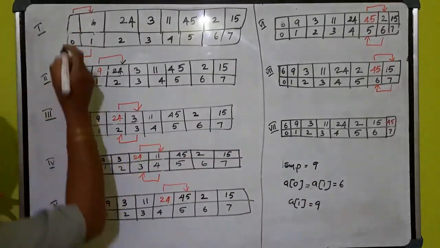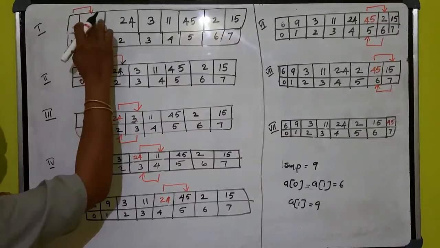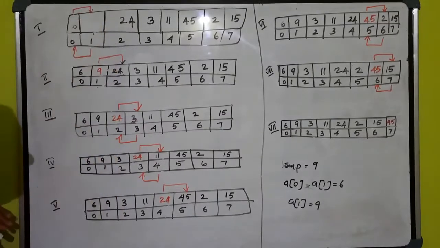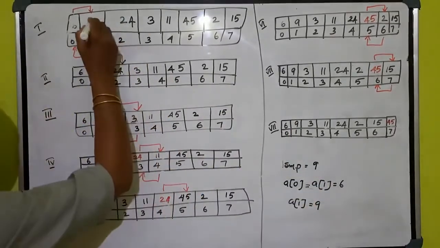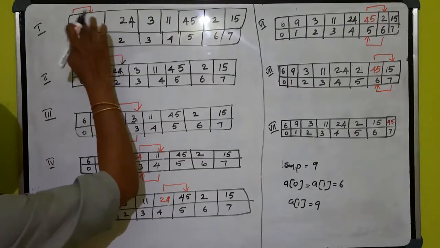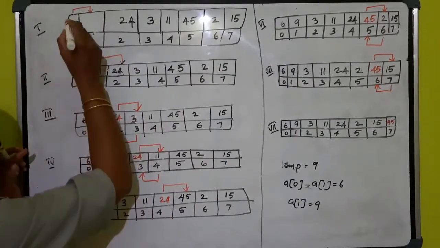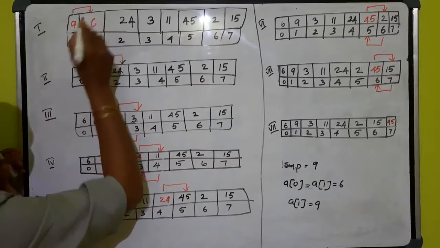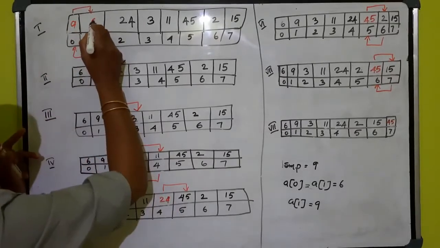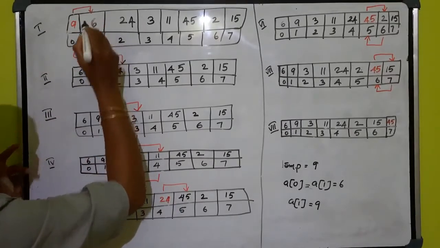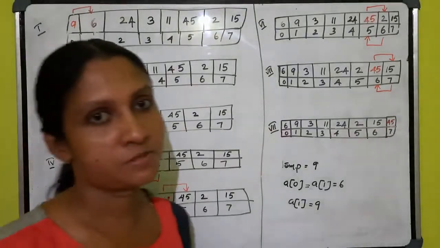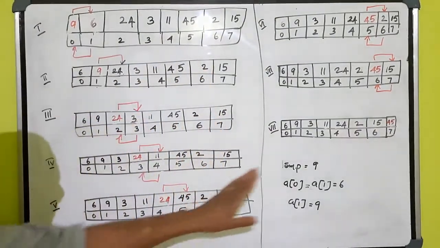Then you can write this 6 here. Then you will get a blank space here, and then you can place this 9 here. This way we will interchange the values using a temporary storage area. Understood, all of you, how to interchange these items using a temporary storage?